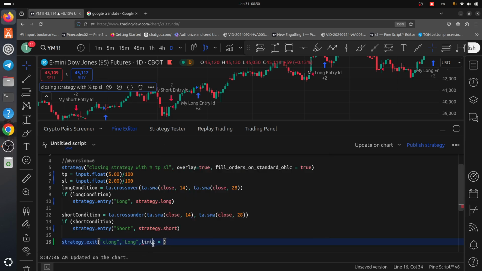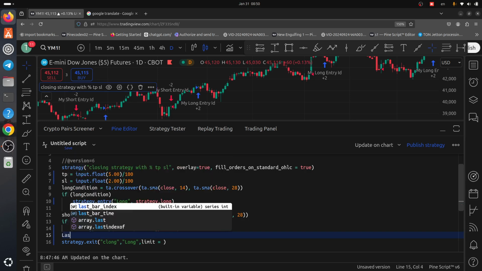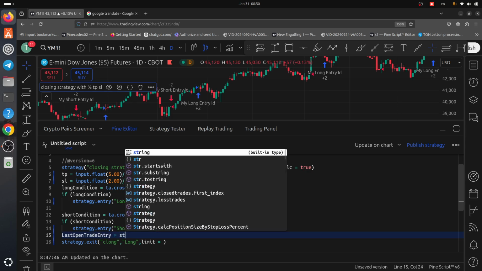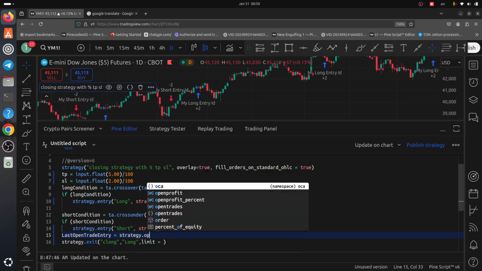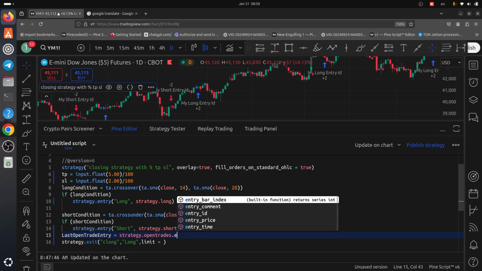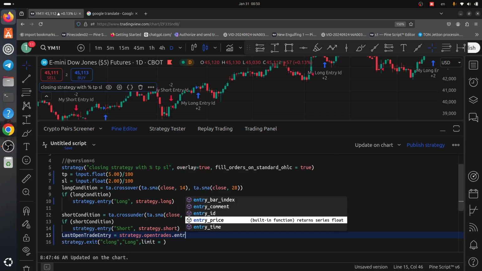So limit, so we need to get the last trade entry, the last open trade entry. So last open trade entry: strategy.open_trades.entry_price.